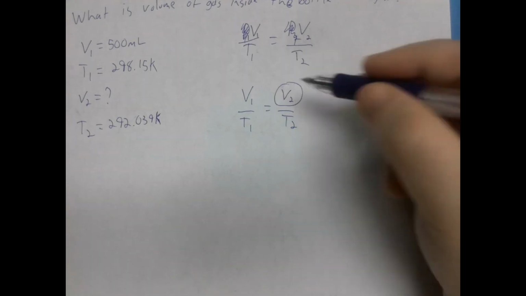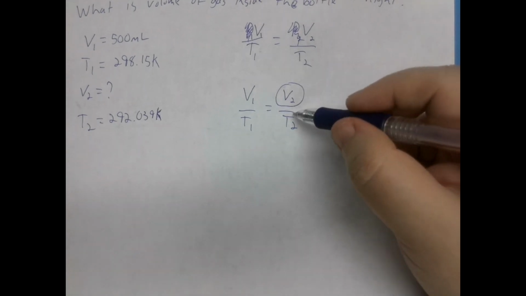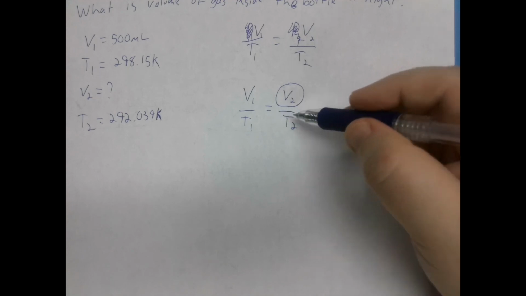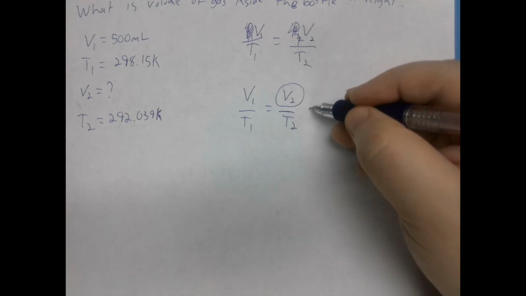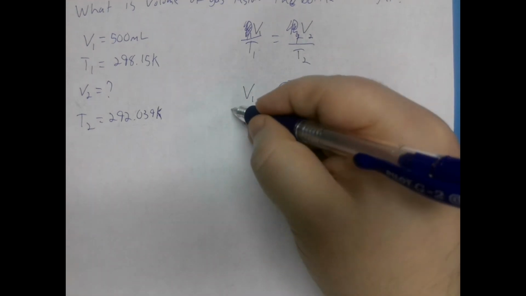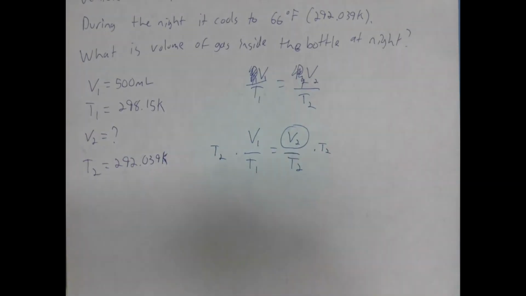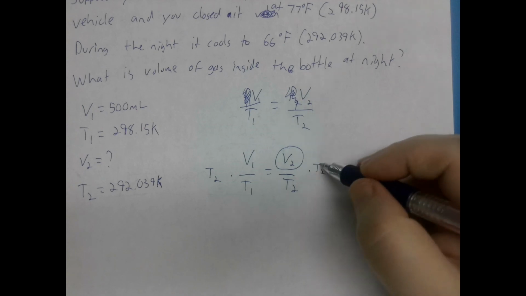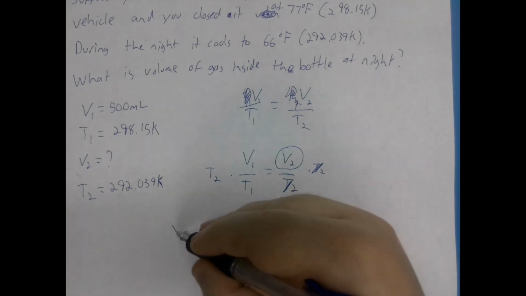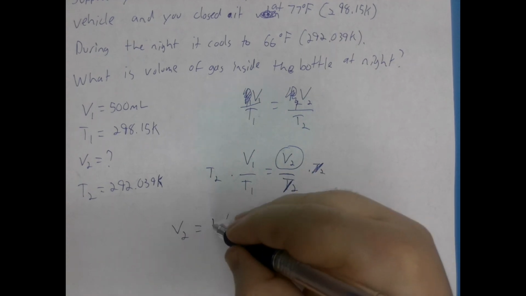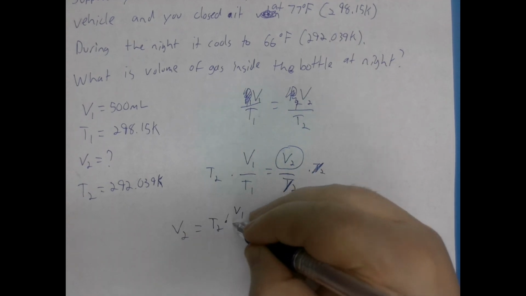So we're solving for V2. This is being divided by T2 on the bottom, so to move it over, we'd multiply by T2. So that cancels out, and V2 is equal to T2 times V1 over T1.